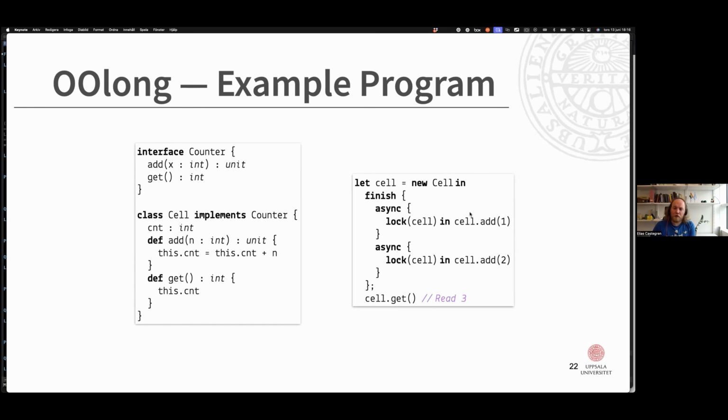So they both operate on the same cell, but by locking, we know that one of these things is going to run atomically without interruption. We don't know in which order, but it's going to add 1, it's going to add 2, and there's not going to be a data race because we put locks in this program. And then when we're done, we keep running and we call get to read the value 3, because we've added 1 plus 2.